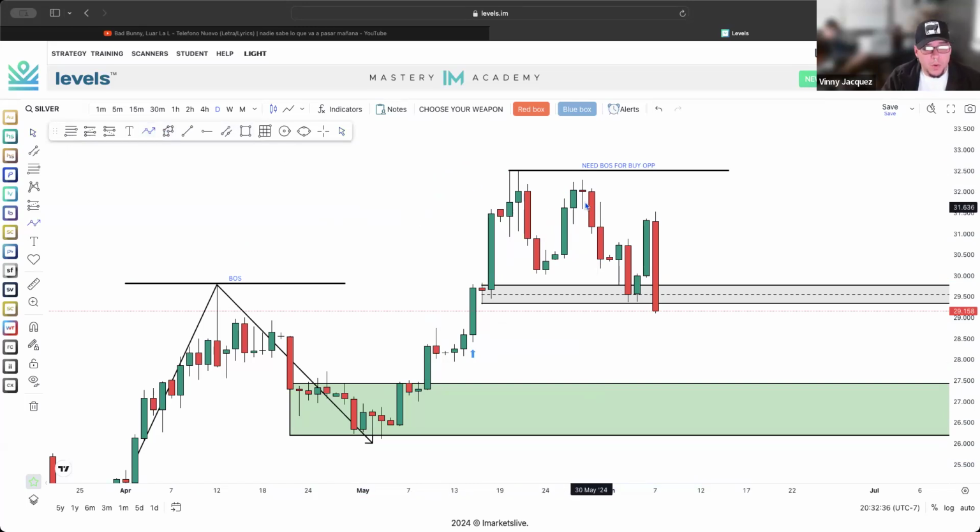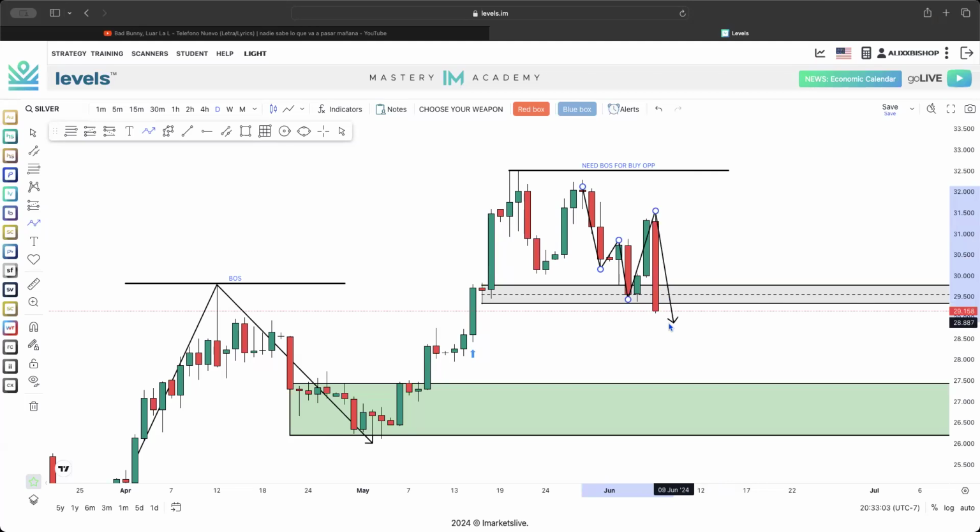Now, if the market would have respected this area right here, and we continued and we got a BOS, then the market is continuing to buy. Market is continuing bullish, right? Does that make sense? But since we failed to go higher, we got the confirmation for a change of character and everything. Somebody had to get clapped right here. Thank God I was asleep, bro. I was looking to buy, right? Yeah. This area gets clapped.